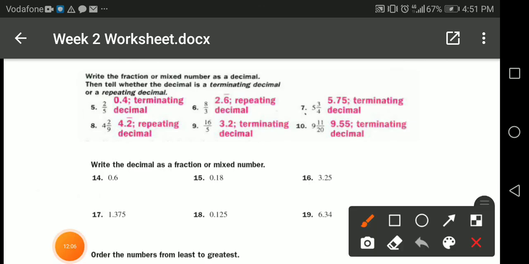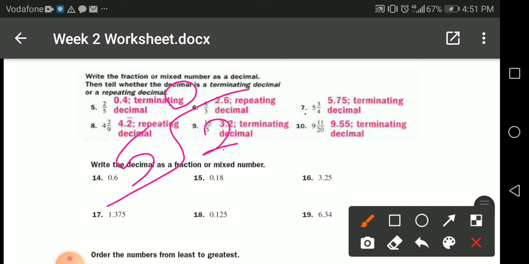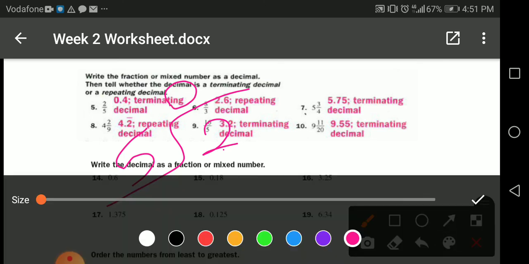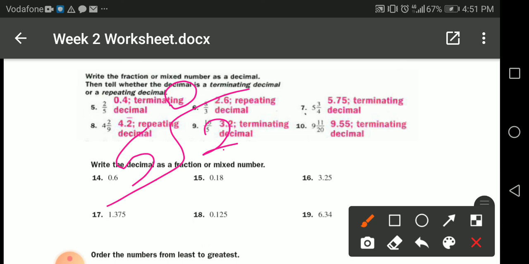So I have here 2 divided by 5, let's solve it together. 2 divided by 5 can't be, so we put 0 and add the decimal point.